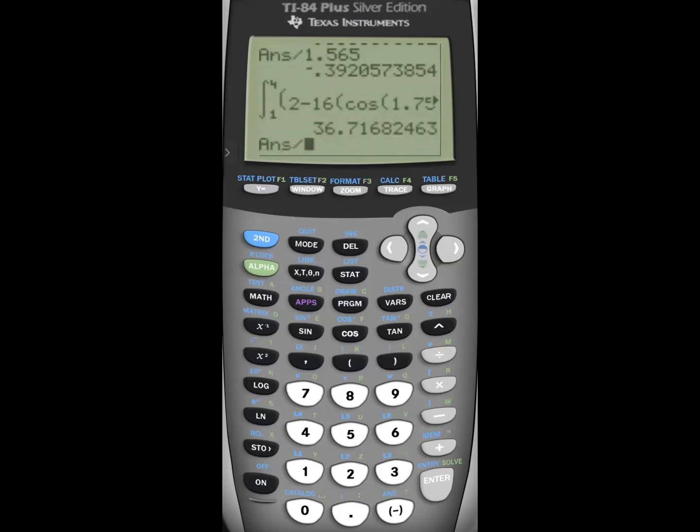Then we're going to divide this by 3 because 4 minus 1 is 3. So I'm getting 12.238 as my average.